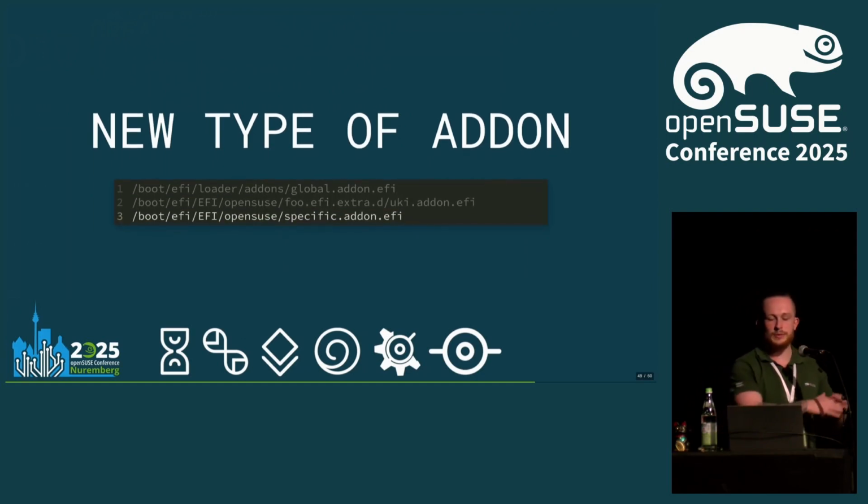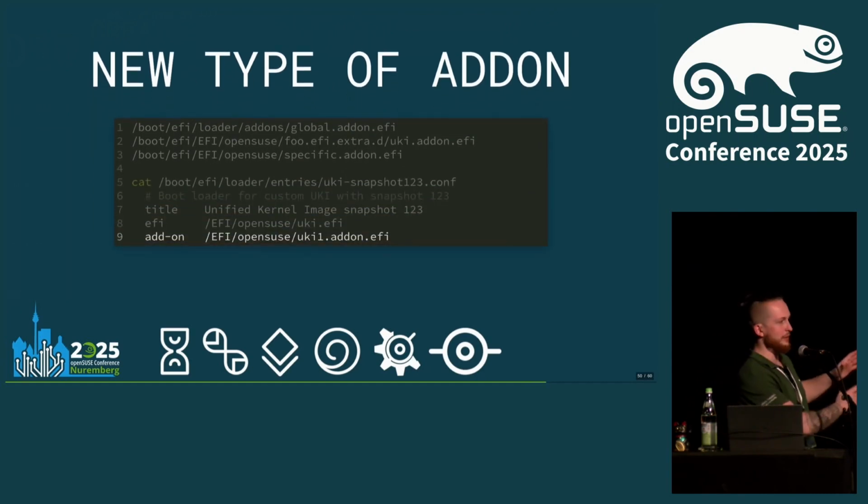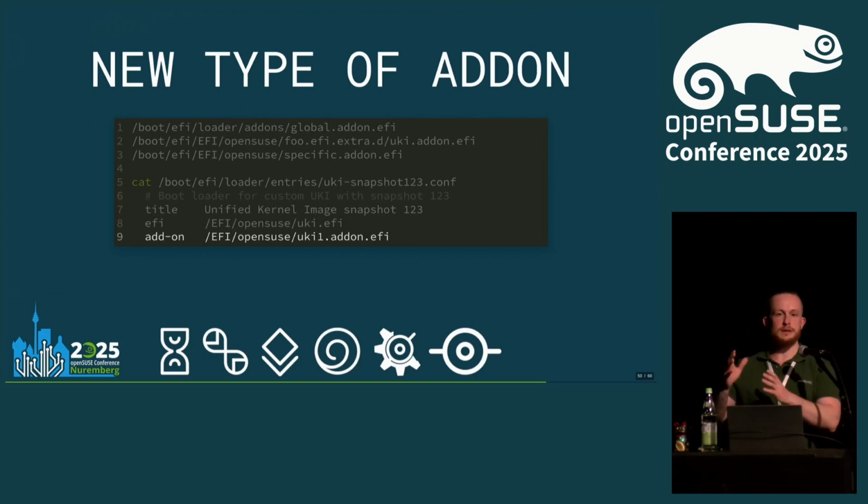And we can think of specific add-ons where, using the bootloader entry type 1, you can choose which add-ons to load. This example comes from systemd-boot only. It's one way to create a bootloader entry. So it's an entry type 1, where you provide the configuration file where you say what you need to boot. You can replace the keywords with a kernel and initrd to boot a regular kernel and initrd, but you also have the UEFI keyword to boot a UKI.